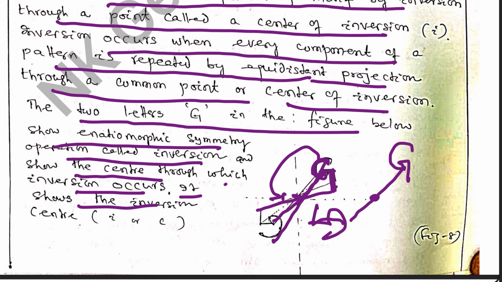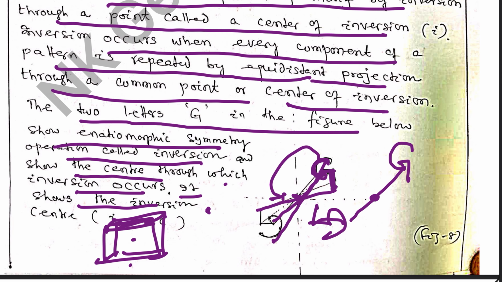So how do we define the center of symmetry? For every point, for every edge, for every face in a solid, there is another face just on the opposite side at the same distance away from a common center.